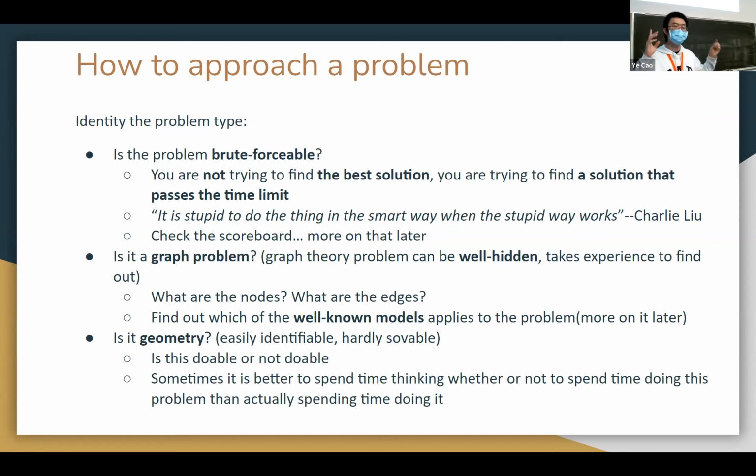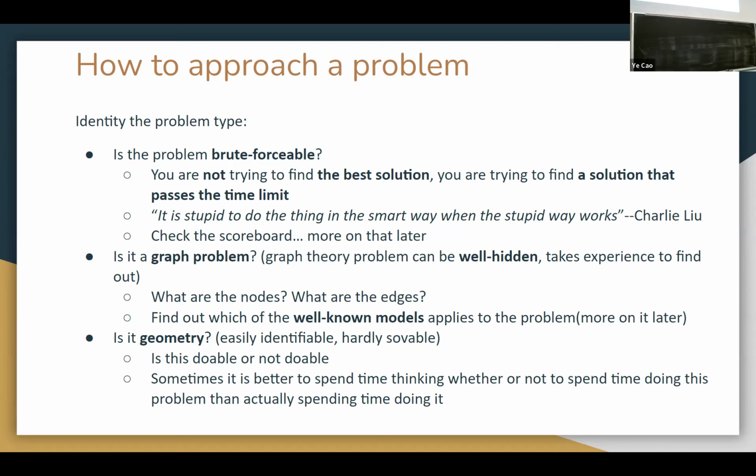Something to always keep in your mind is you're not trying to find the best solution, the solution with the fastest time complexity. You're trying to find a solution that passes the time limit while producing the correct answer. For example, if you have an input that's n less than or equal to 1,000 and you have 1 second as your time limit, you can spend half an hour trying to come up with a log n algorithm.